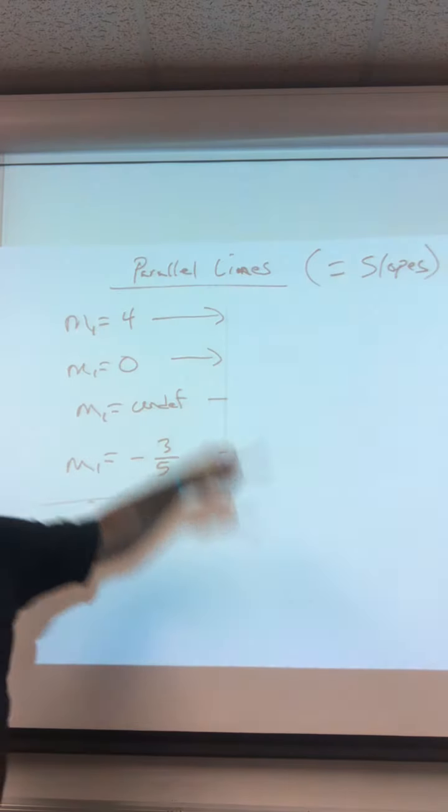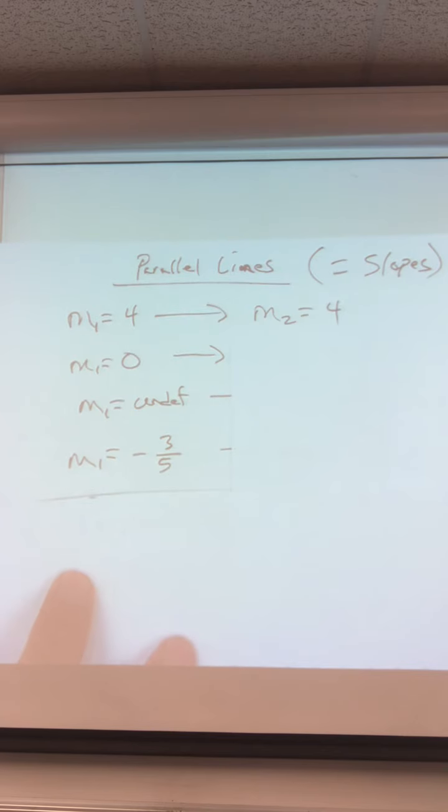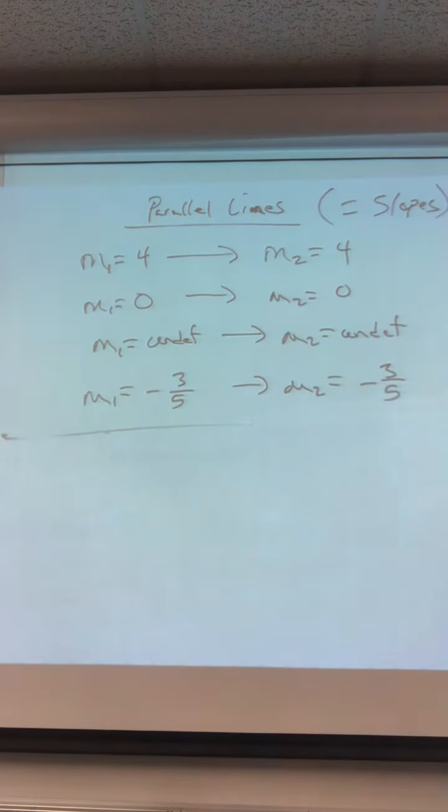If the slope of the first line was 4, what would the slope of the next line be? Obviously, 4. If the slope of one line is 0, which means it's a horizontal line, by the way, the slope of the other one is 0, too. If the slope of one line's undefined, which means it's a vertical line, just x equals a number, the slope of the other one will be undefined. If the slope of one of them is negative 3/5, the slope of the other is negative 3/5. So that's a pretty obvious fact.